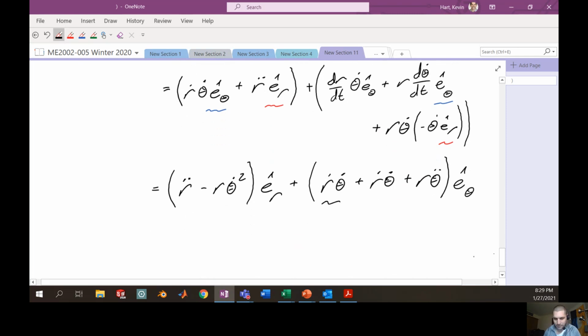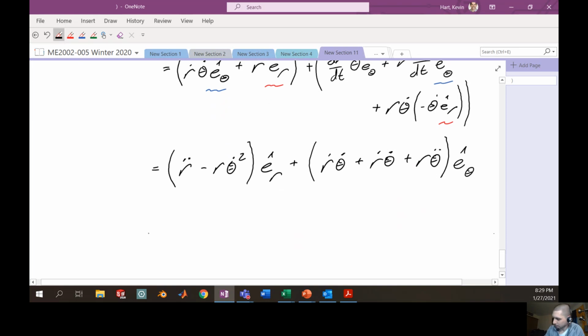So let's put this all together and write a nice final form for our acceleration. R double dot minus r theta dot squared, e hat r.